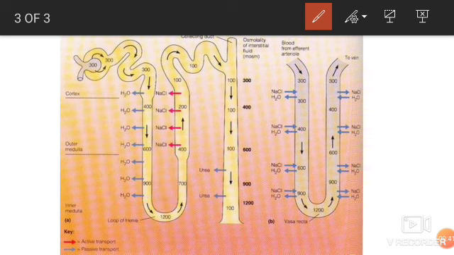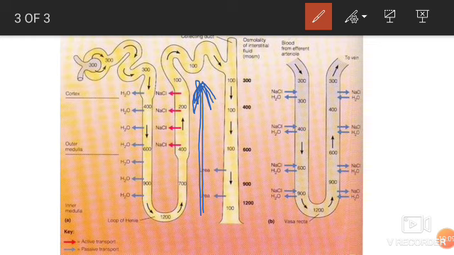Now if we see the ascending limb, the ascending limb of the loop of Henle is permeable to sodium, whereas impermeable to water, due to which, because it is losing sodium, it is losing osmolality. Where there is more sodium, the osmolality is high. So if we are losing sodium, the osmolality decreases.